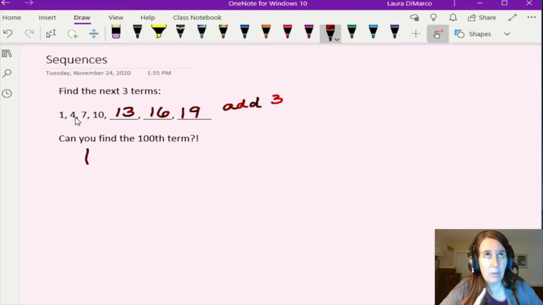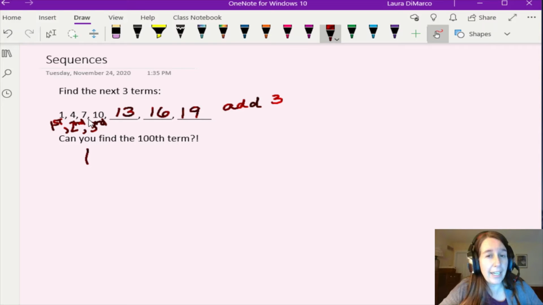Not only is 1 the number, it's also the first term. This is the second term. And then 7 is the third term. For 7, we took 1 and we added 3, and we added 3 again. For the third term, we added 3 twice.